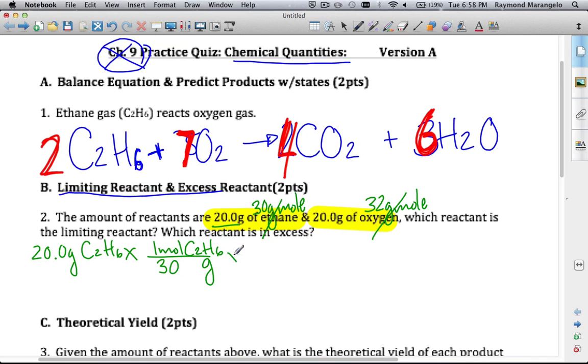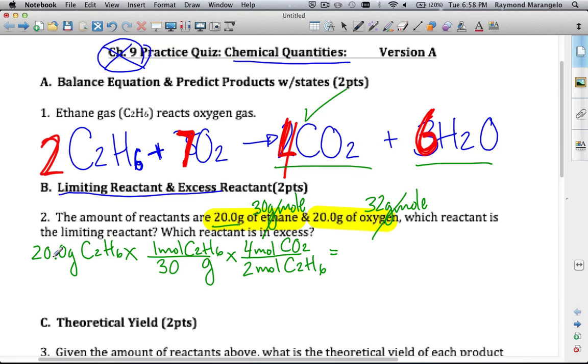Alright, then I want to see how many moles of one of my products I can form. I'll just pick a product. Let's pick carbon dioxide this time. So let's say we have 4 moles of carbon dioxide for every 2 moles of C2H6. Alright, and then I'll be done. I could convert into grams, but I don't need to convert into grams for right now.